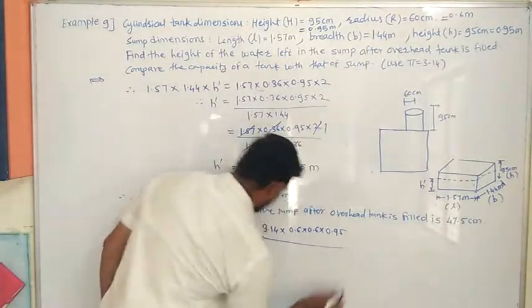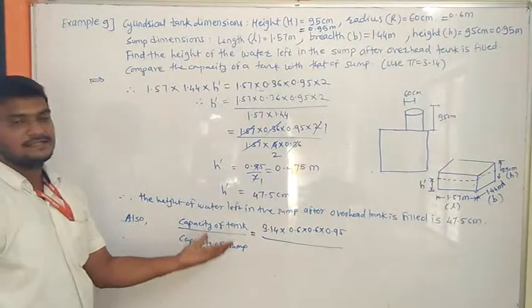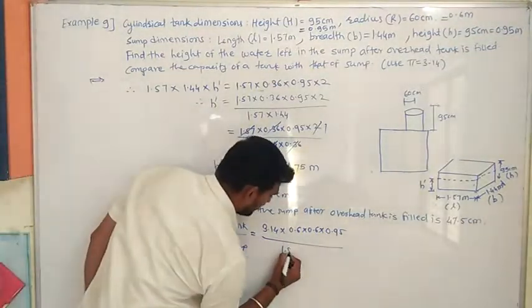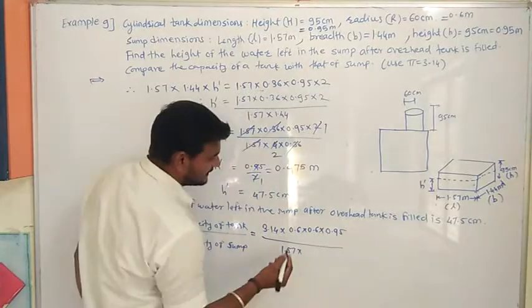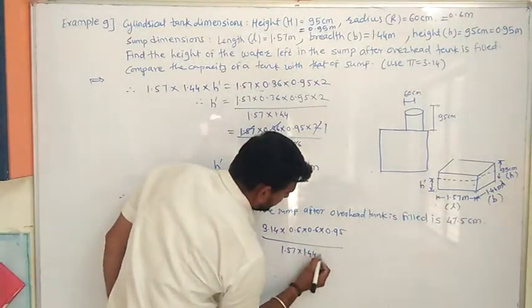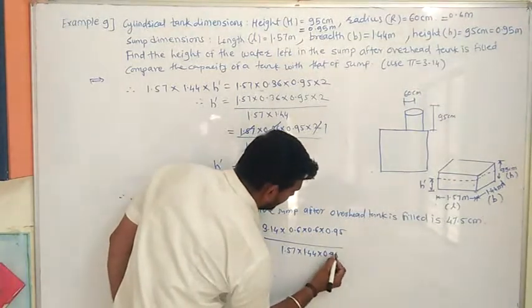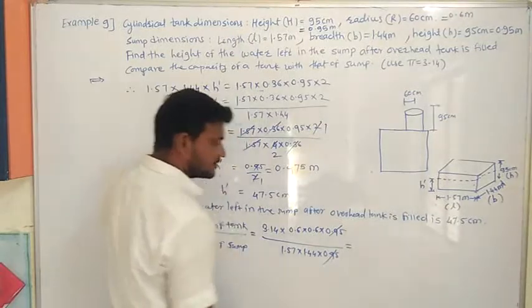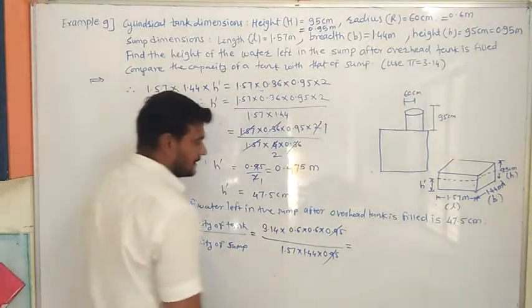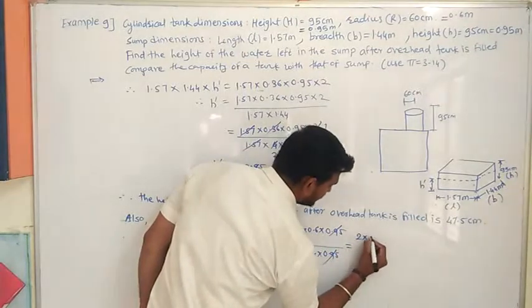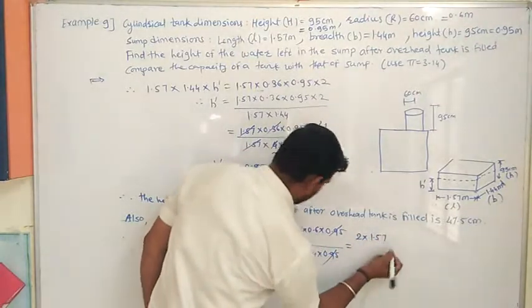Divided by capacity of a sump, which is nothing but LBH. Length is 1.57 into breadth is 1.44 into height is 0.95. This 0.95 and this 0.95 get cancelled. Now 3.14 can also be written as 2 into 1.57.